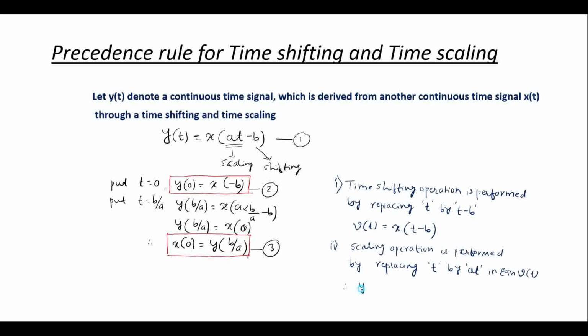Therefore, I can write y of t is equal to x of at minus b. This is known as the precedence rule. That is, if y of t is to be obtained by scaling operation and shifting operation, the proper order to be followed is that the time shifting operation is to be performed first, then the scaling operation should be carried out.